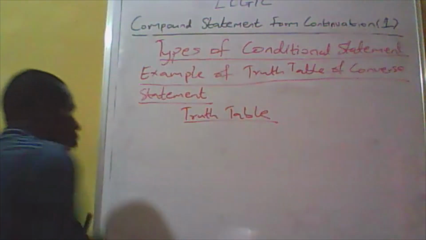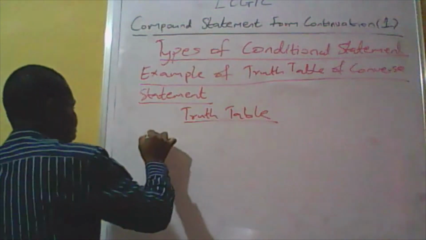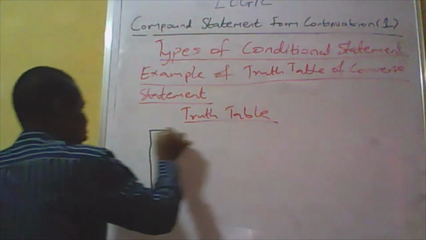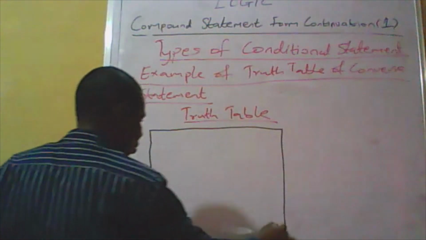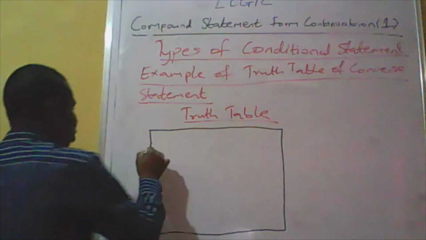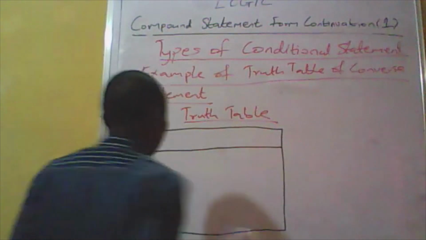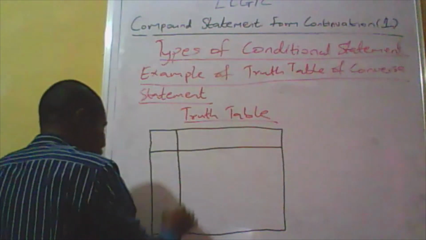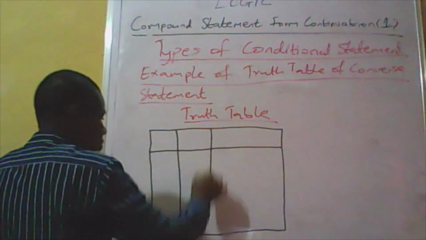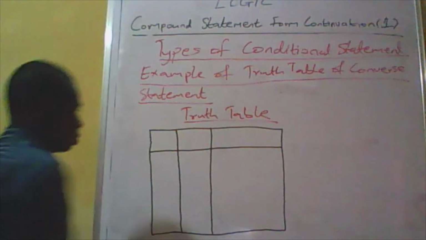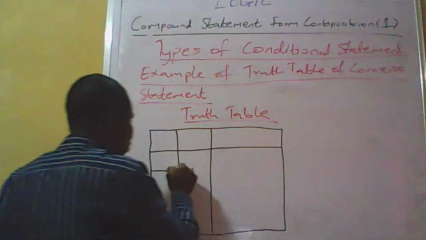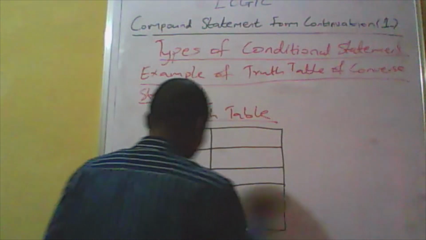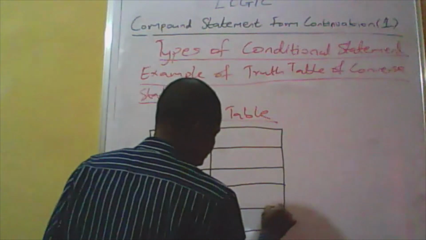We draw the truth table, the same thing as with the conditional statement. We draw the first row that contains our statements. Then we draw the columns for the statements. Then rows for our truth values and truth valuation. Row 1, row 2, row 3, and 4.